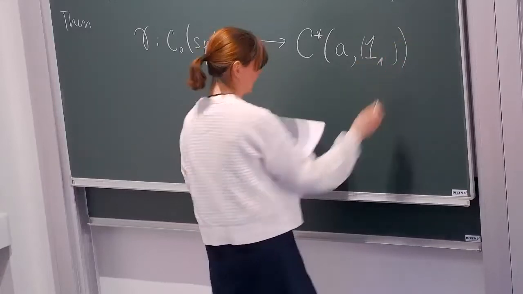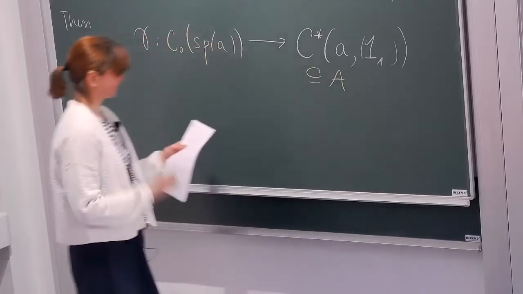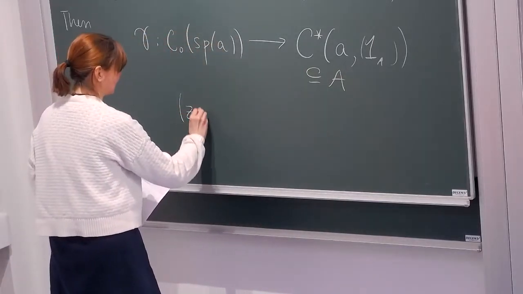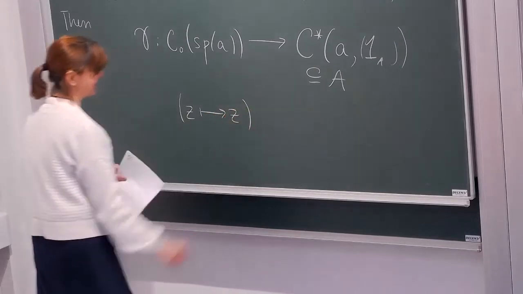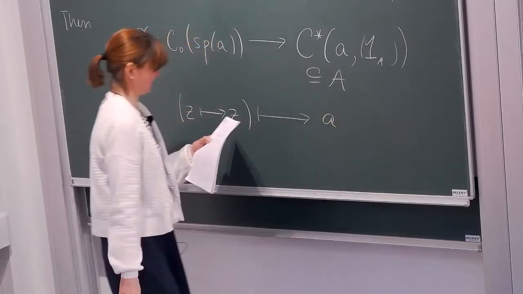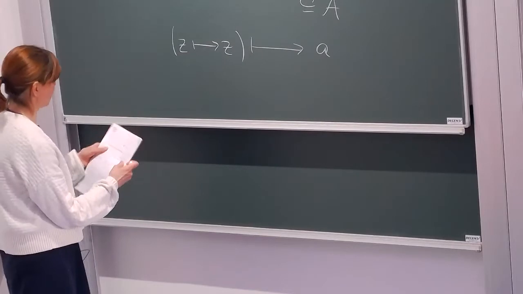So as a subalgebra of A, what does this do? This maps the function that takes Z to Z, so just the identity, and maps that to A. This is a star isomorphism.